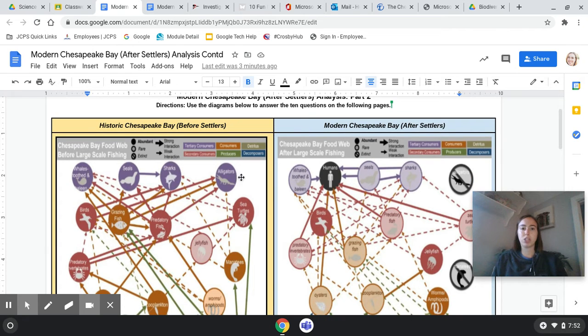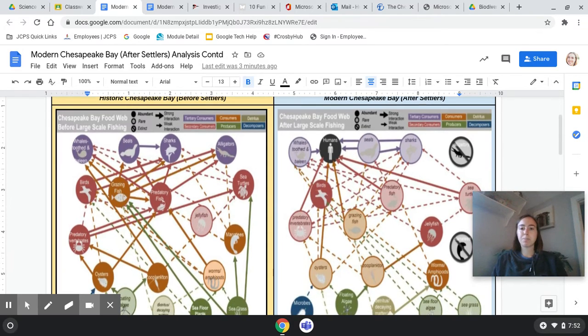You have the historic Chesapeake Bay before settlers diagram, and it has a yellow background. And then on the right side, you have the modern Chesapeake Bay after the area was settled, and it has a blue background. So you easily have both diagrams to reference as you're completing the 10 questions.